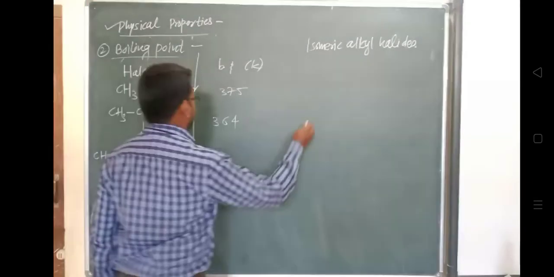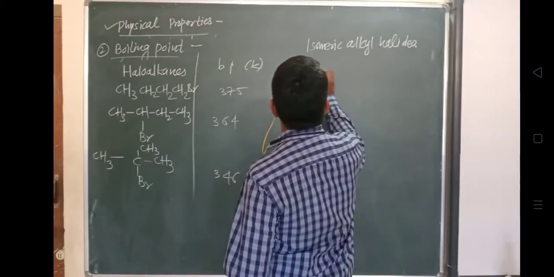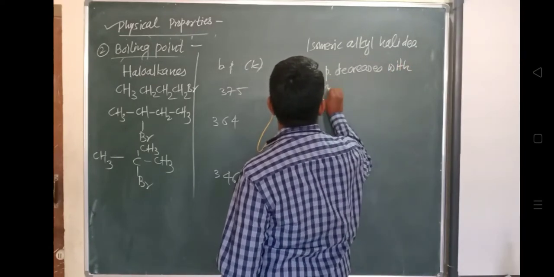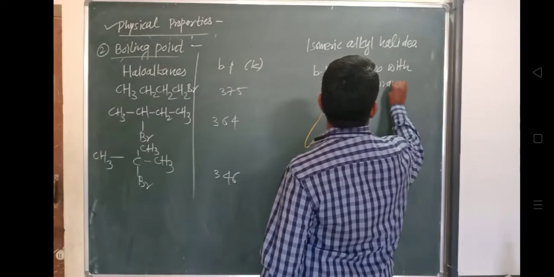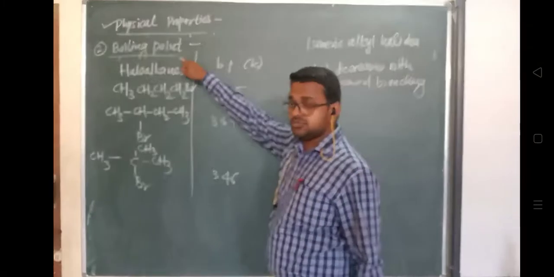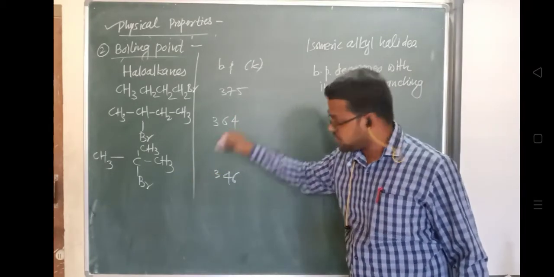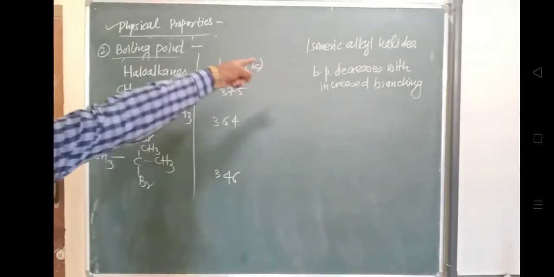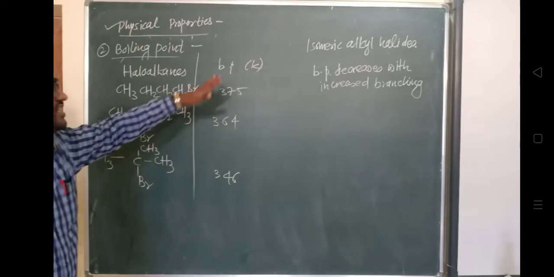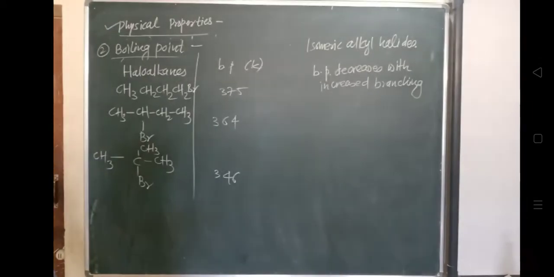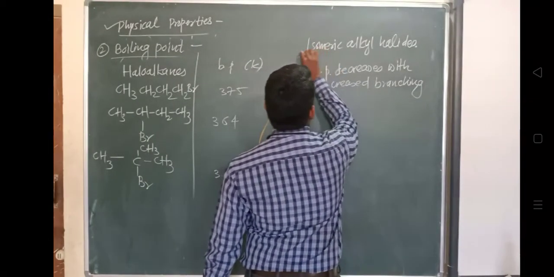Look, as the branches increase: initially there is no branching, a straight chain, higher boiling point. When branching occurs, the boiling point becomes lower; with more branching, it becomes lower still. This is due to the decrease in van der Waals forces. These are examples of isomeric alkyl halides.